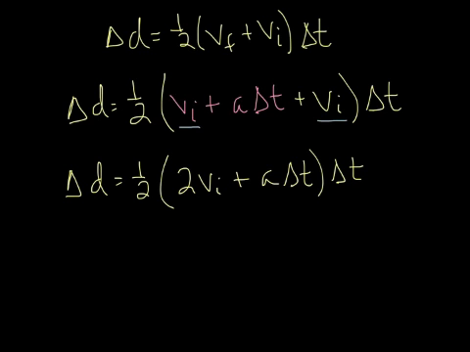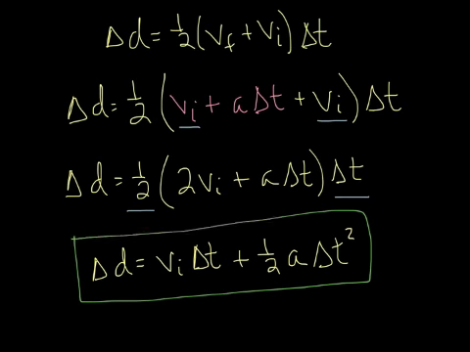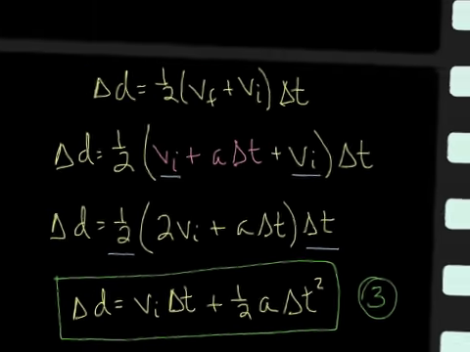Now we will distribute what's outside the parentheses, the 1/2 and the delta t, to everything that is inside the parentheses. Once this distribution is complete, the equation will look like this. Delta d is equal to v initial times time plus 1/2 a t squared. This is our third kinematics formula. Draw a box around it and label it.